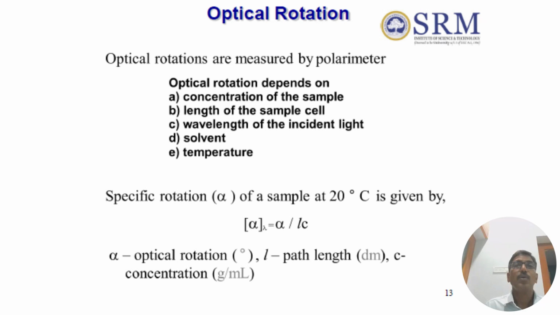Having seen how the instrument works to get the optical rotation using different parameters, now we need to know how to calculate the optical rotation. Optical rotation depends on various parameters such as the concentration of the sample. The material to be analyzed will be dissolved in a particular solvent.